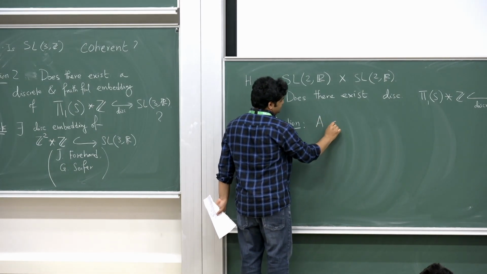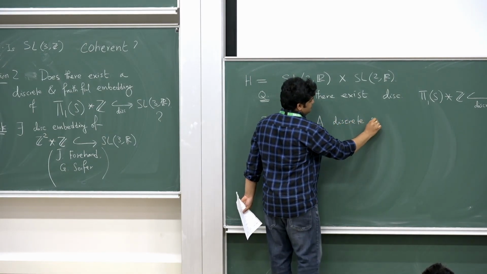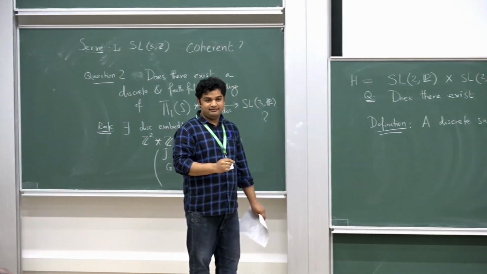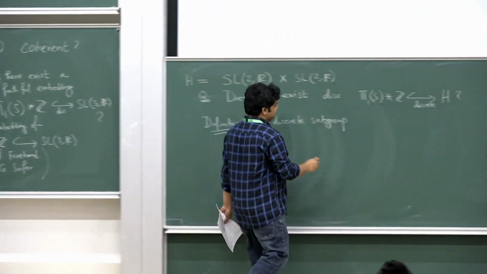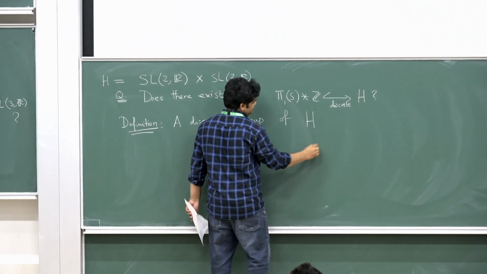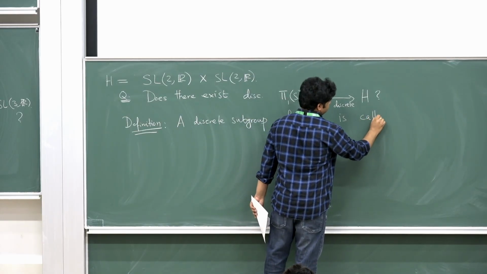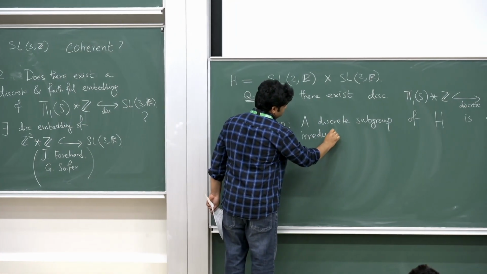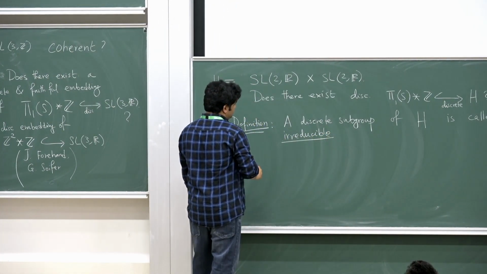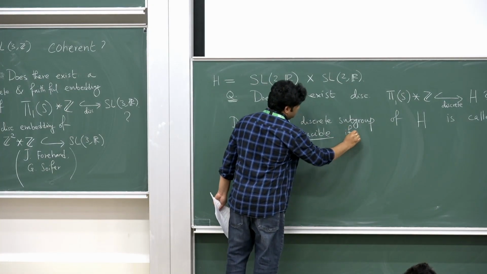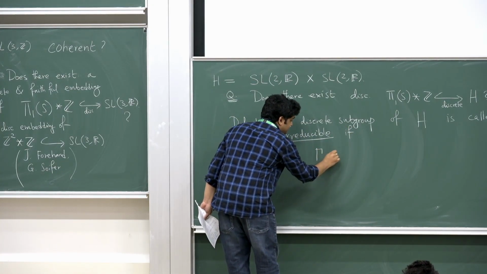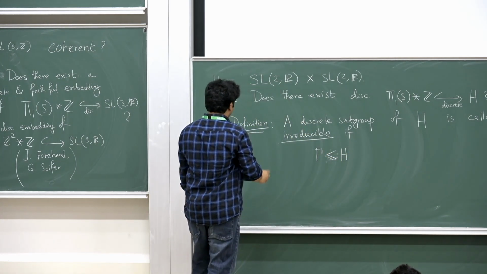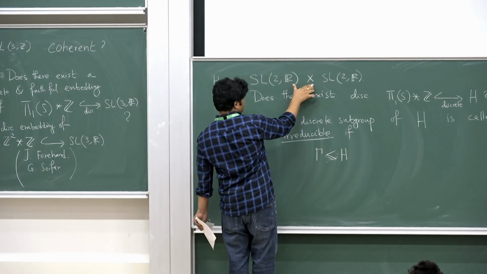A discrete subgroup of H is called irreducible if, so I have a discrete subgroup gamma inside H, and H has this splitting as a product of two groups.